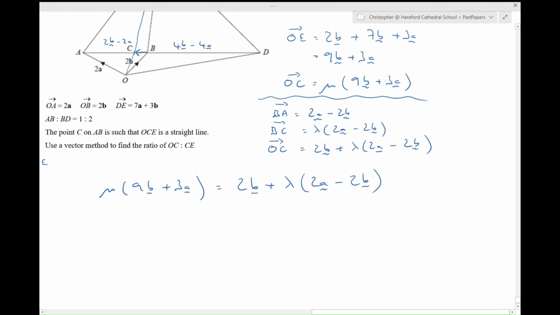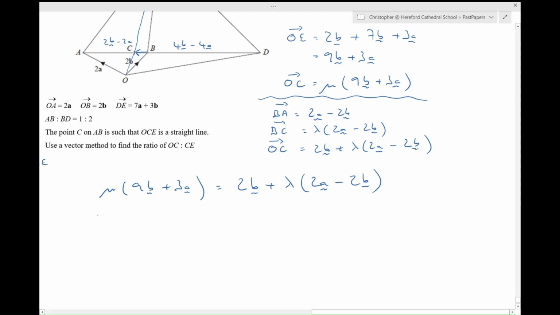Now you're probably thinking, but wait a minute, we've got one equation here with two unknowns, mu and lambda. But the thing is, I know that these two expressions are equal to each other. So I know that the coefficient of B on one side has to equal the coefficient of B on the other, and the coefficient of A on one side has to equal the coefficient of A on the other. So let's see what happens.